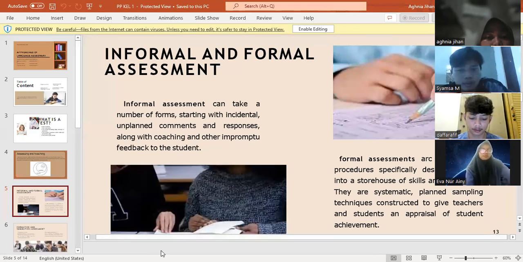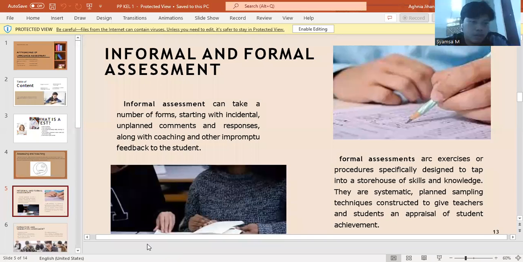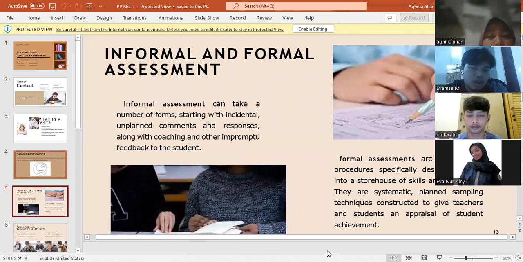One way to begin untangling the lexical conundrum created by discussing tests, assessment, and teaching is to distinguish between informal and formal assessment.